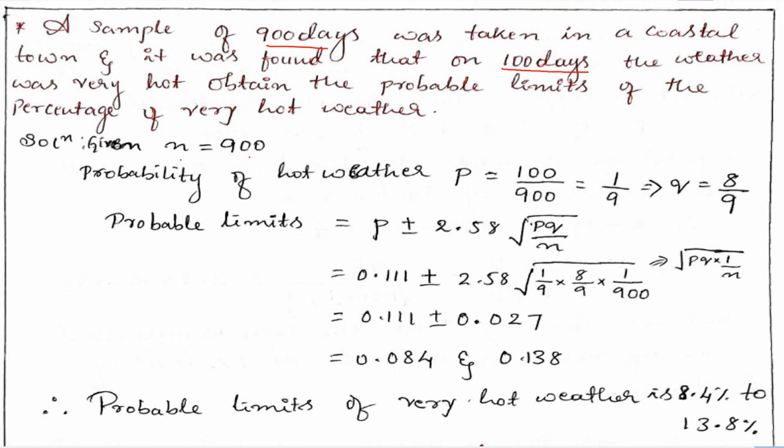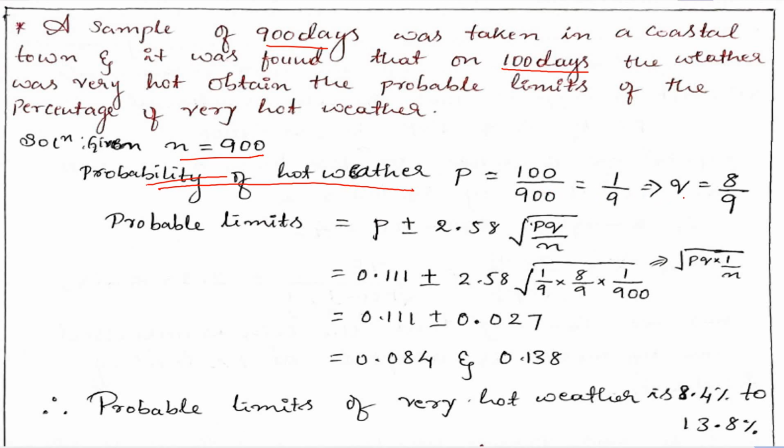They have given n, that is 900. I need to find the probability of success, here hot weather. Out of 900 days, 100 days will be hot weather. So P equals 100 by 900, which is 1 by 9.